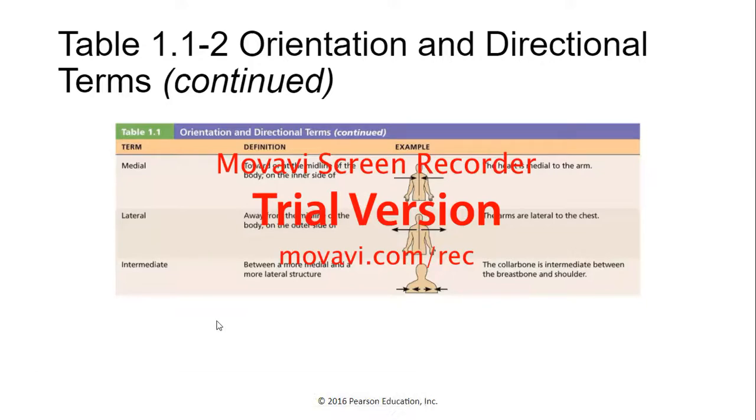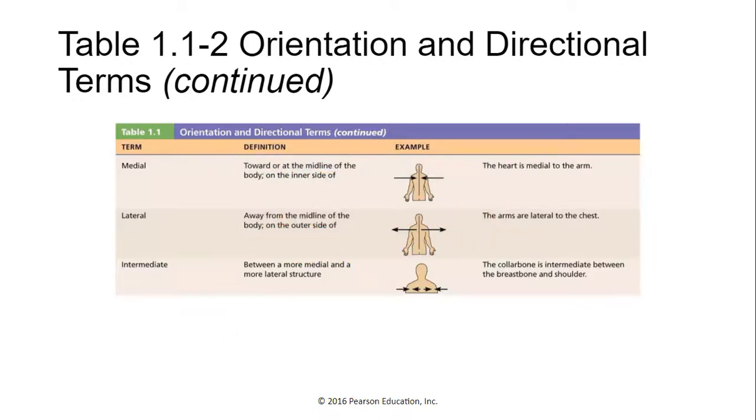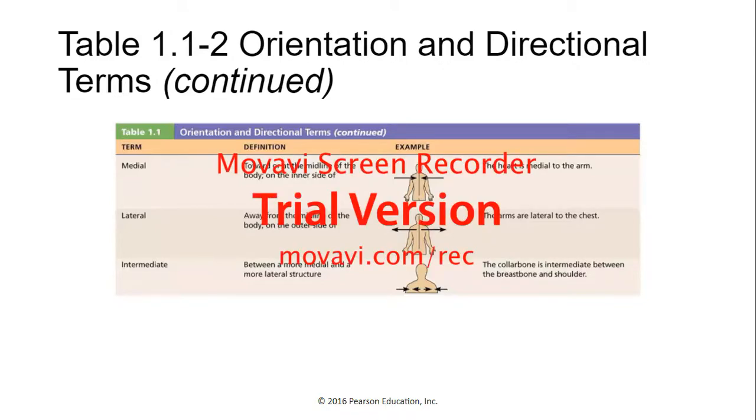All right, so medial is toward the midline of the body. Anything away from the midline is going to be lateral, okay? And then intermediate is going to be between a more medial and a more lateral structure, so it's going to be kind of in between, all right?